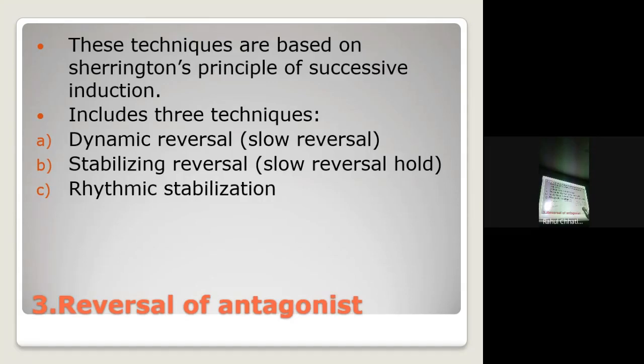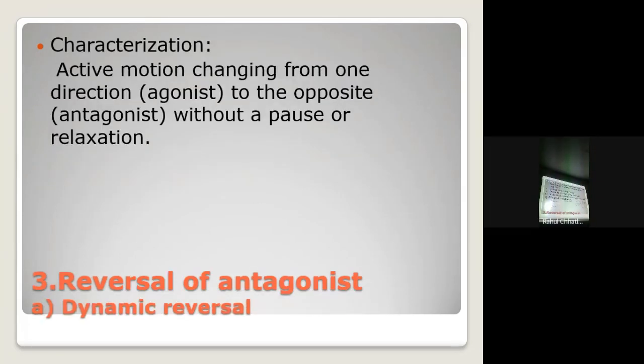That is an isometric type of contraction. Yes. So from this you can just remember the techniques, how each is given. Concentric, isometric, eccentric: it will target, remember this, only one muscle. Reversal of antagonist will always target two muscles, namely agonist and antagonist. Yes, so this is the summary of today's lecture on important PNF techniques.